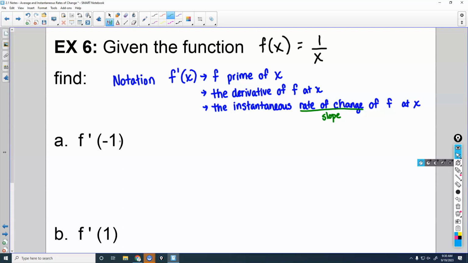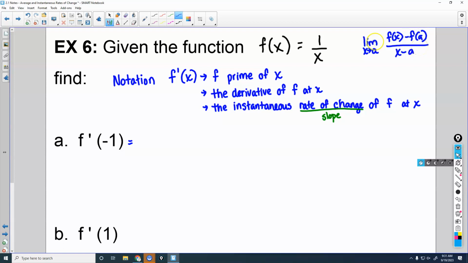Okay, so if we do this problem, right now the only way we know to do this is the limit definition of a derivative at a point. We're going to learn something new tomorrow. So, limit as x approaches a of f of x minus f of a all over x minus a, that same formula, right?